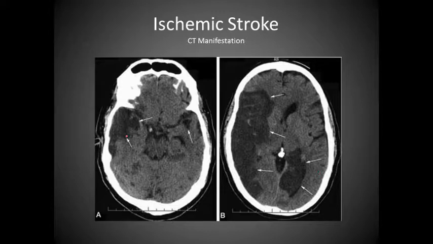So here we have an ischemic stroke. This would probably be several days out, probably 2 days. Notice as we're coming in, we're still seeing bony anatomy coming in, and so it's kind of obscuring everything.